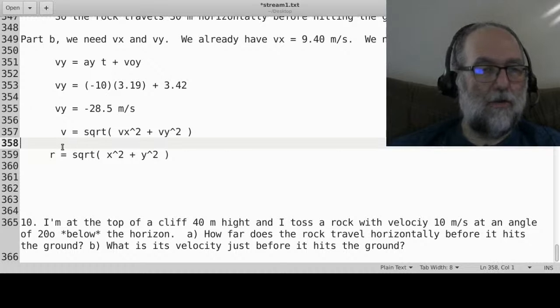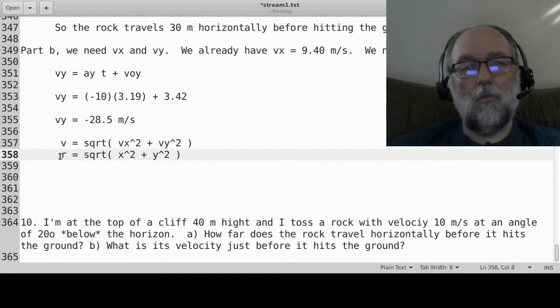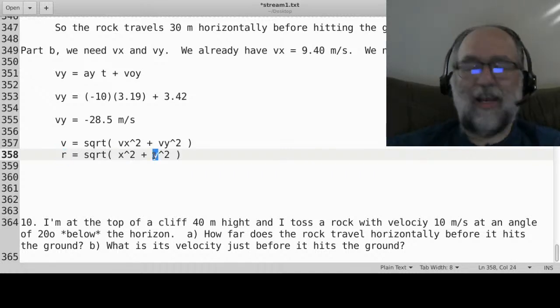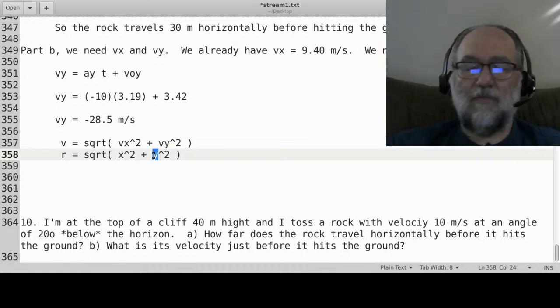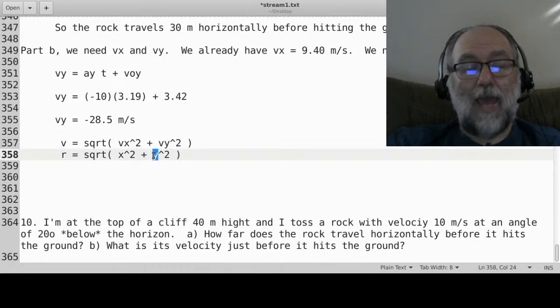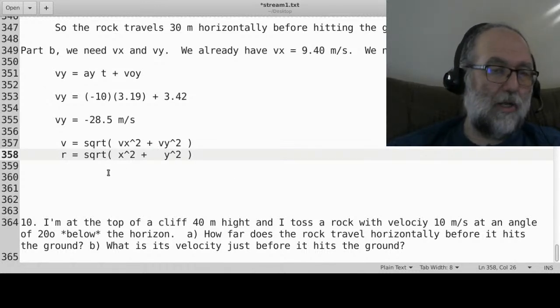You might compare the two formulas. Let me put them side by side here for you. What's going on here? Well, when we did r, x, and y, we were thinking of position vectors. But now we're talking about velocity vectors. They work exactly the same as position vectors. It's just that there are different names for their x and y components.